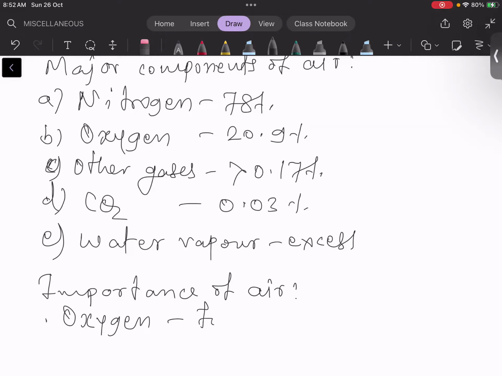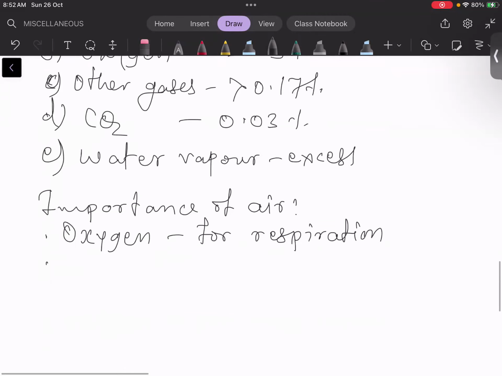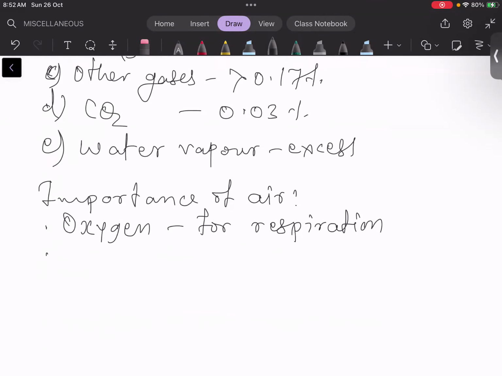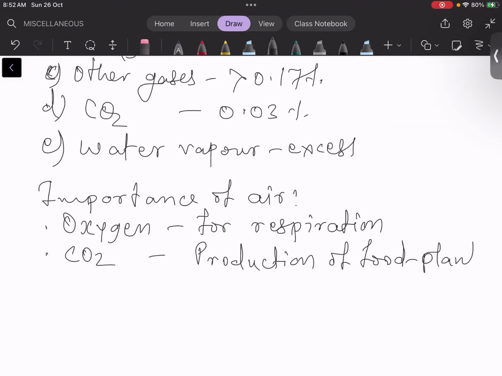Then carbon dioxide is necessary for the production of food in plants.